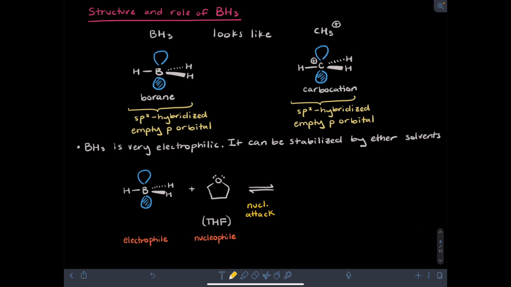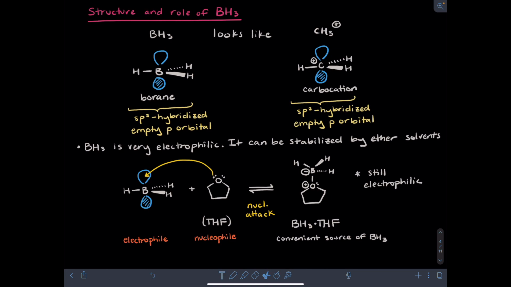So typically, rather than dealing directly with BH3 itself, which is a toxic and flammable gas, most chemists will use a combination of BH3 and THF, a cyclic ether solvent. The BH3 reacts with the THF solvent reversibly, where THF can use a lone pair to donate electron density into boron's empty p orbital.